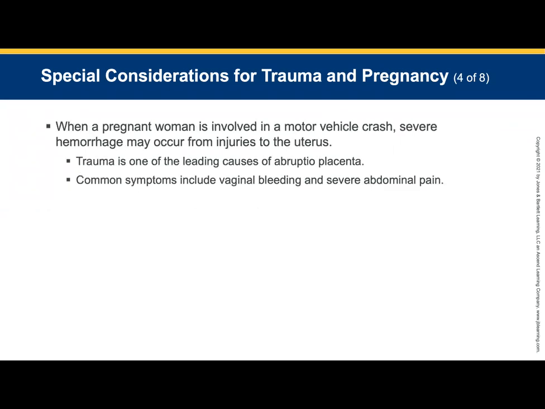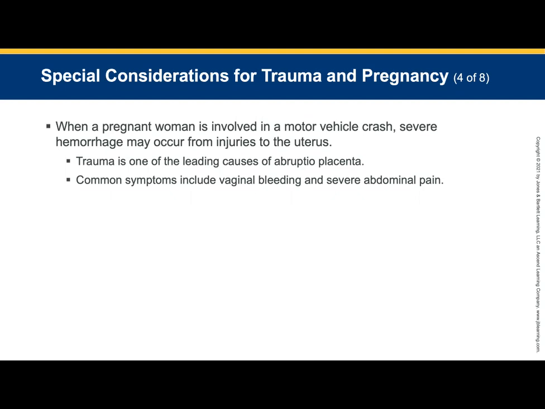So we're probably going to be requesting additional resources because the traumatic load is higher than what we are used to. When a pregnant woman is involved in a motor vehicle crash, pay very close attention to the hemorrhage. You may not see hemorrhaging on scene, or by the time you arrive they've started to hemorrhage, so think about the potential for blood loss that is happening or has happened.